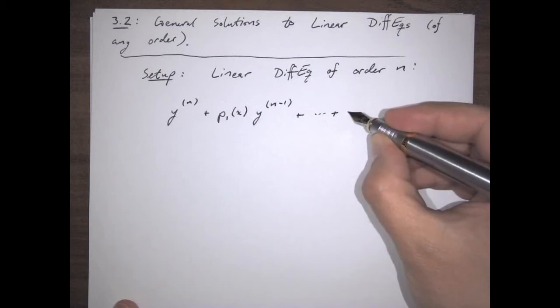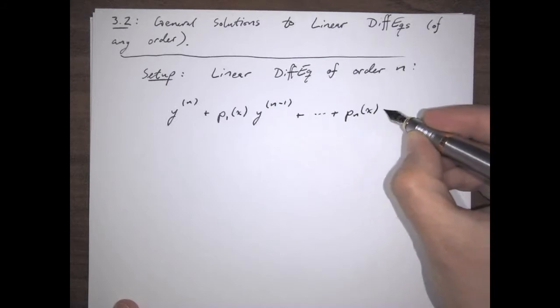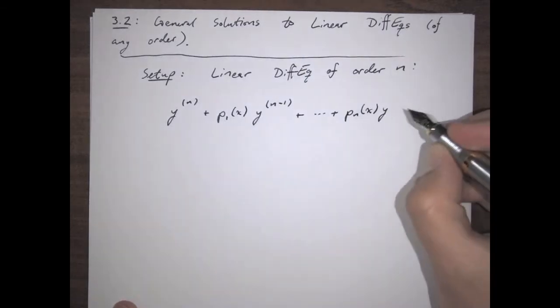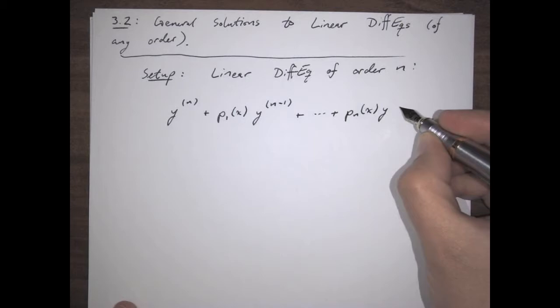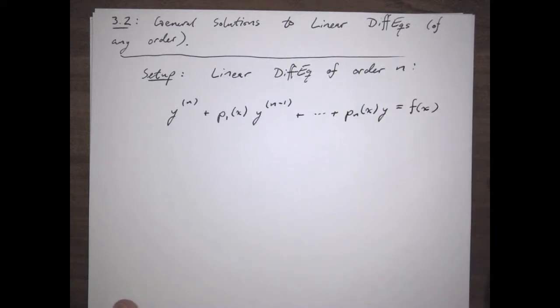I guess I should say the n plus first term, but it's going to be Pn of x times y, the 0th derivative, so that's just y itself, and then that equals just some other function f of x.